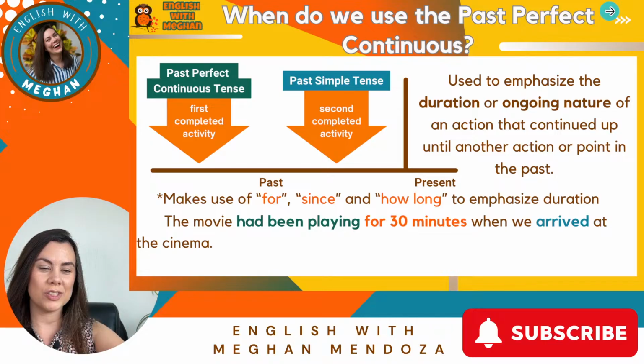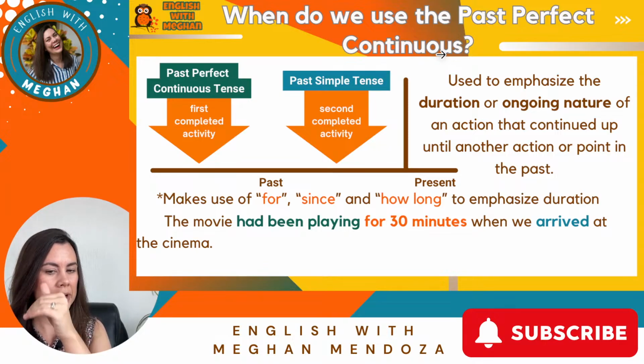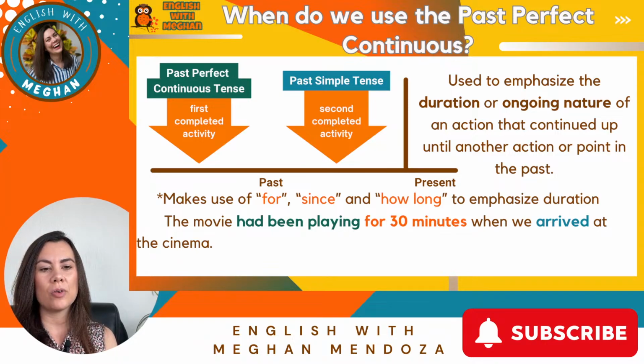The question is, what happened first here? The movie had been playing for 30 minutes, or we arrived at the cinema. What happened first? What happened second? This is important to know. You can take a guess here or write it down.